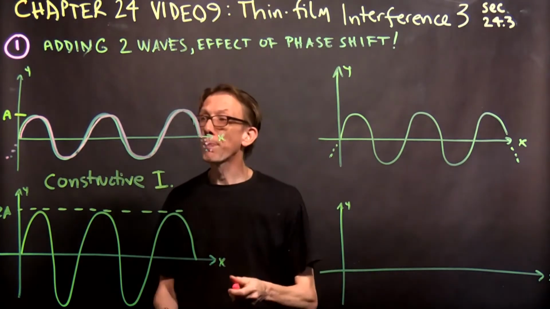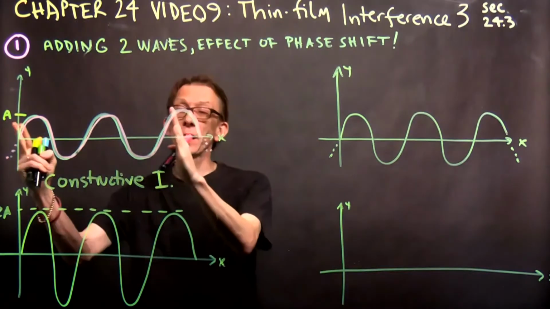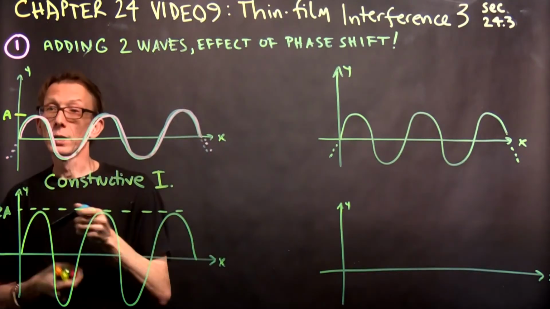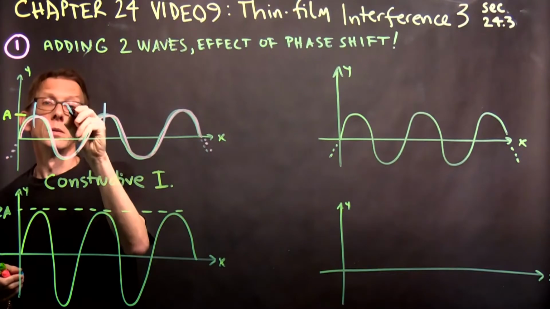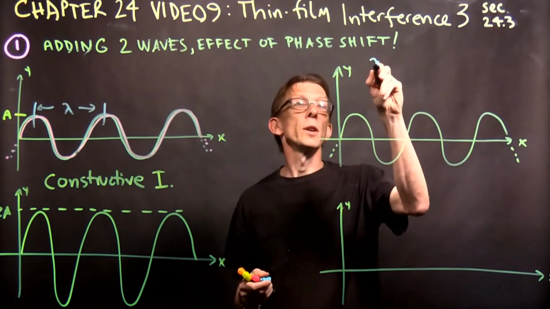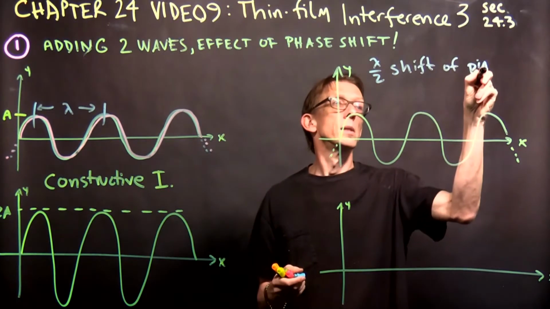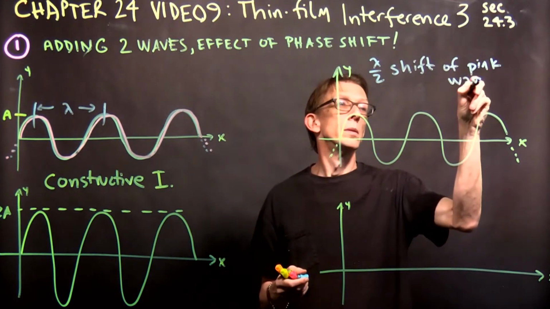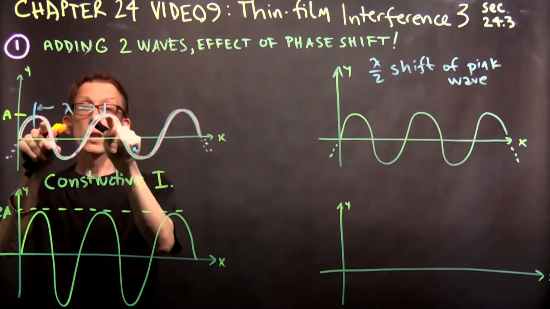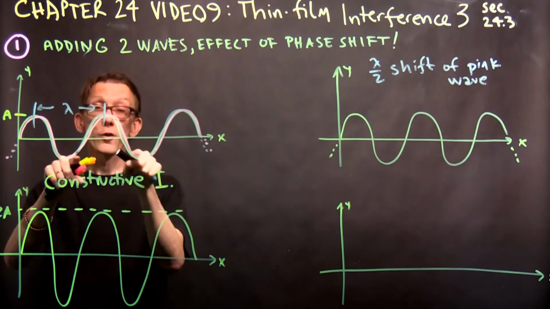Now suppose we take this pink wave, the one that I added, and we shift it by 1/2 of a wavelength. Remember the wavelength is this quantity right here. We shift the pink wave lambda over 2, so that where the peaks were before, we now have troughs, and where the troughs were before, we now have peaks.